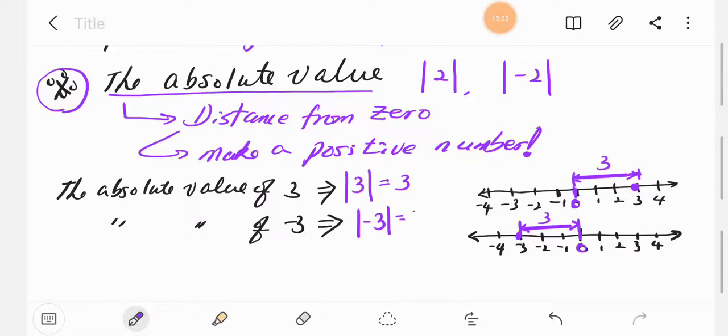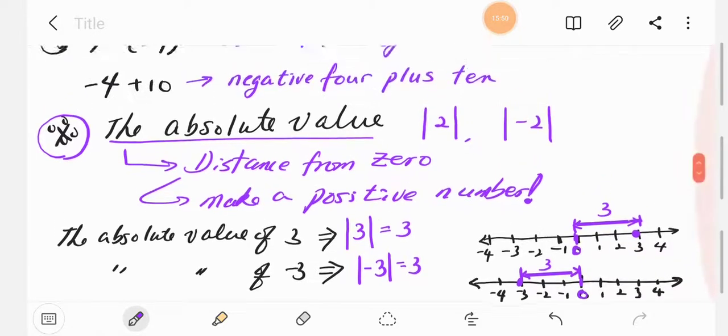So the absolute value of negative 3 is the distance from 0 to negative 3, which is positive 3. This is really simple. The absolute value of a number is just to make it positive. That's it. Simple, isn't it? Absolute value means make the number positive.